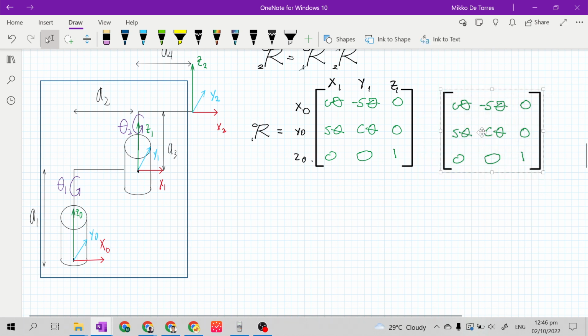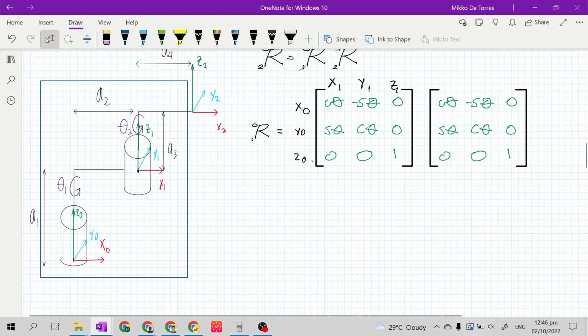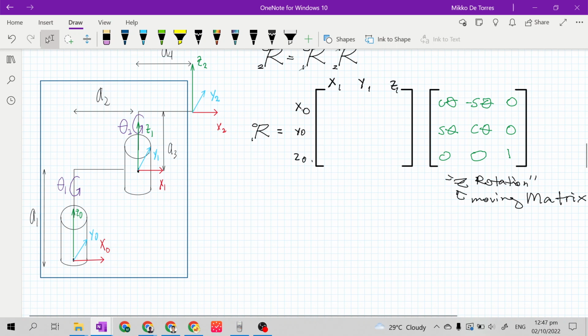So we will call this z rotation matrix a moving matrix. This will be derived first.